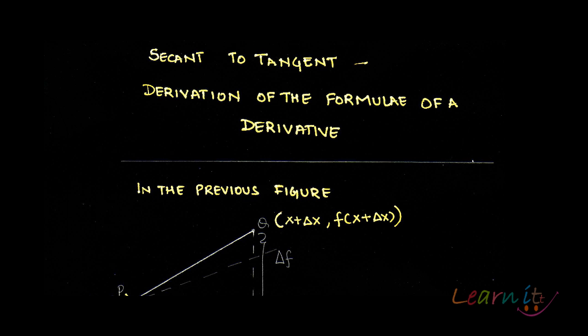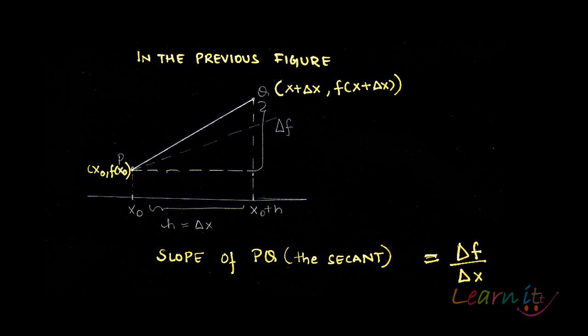We've been looking at a figure where we had a curve, f(x), and 2 points P and Q. I am only bothered about the points P and Q because my aim is that Q should turn into P, okay? Q should move so that it comes to P, okay?